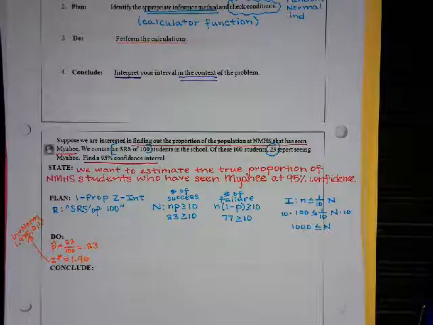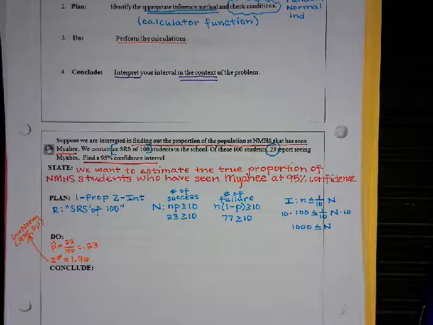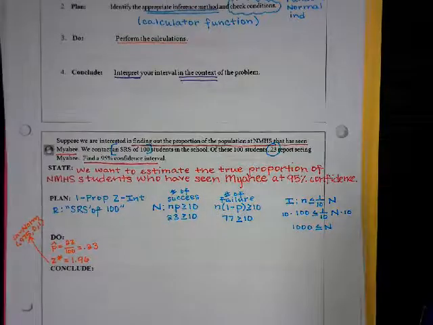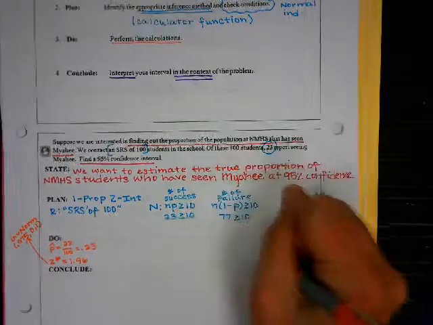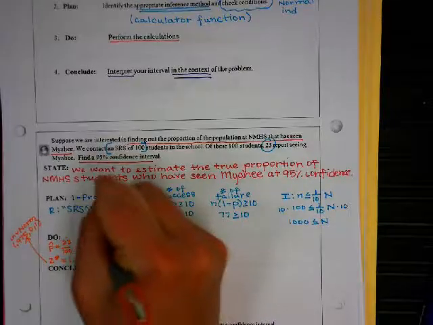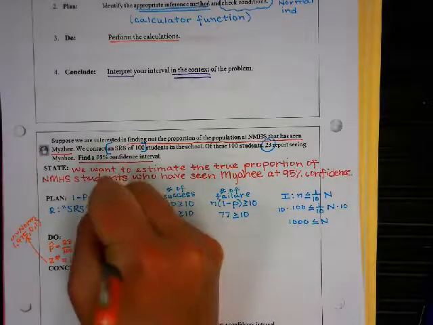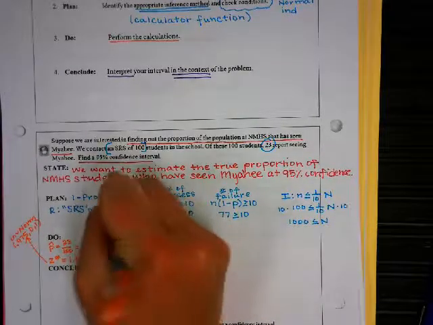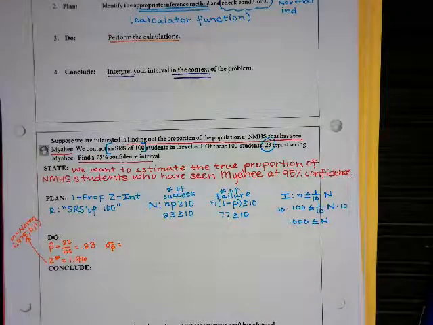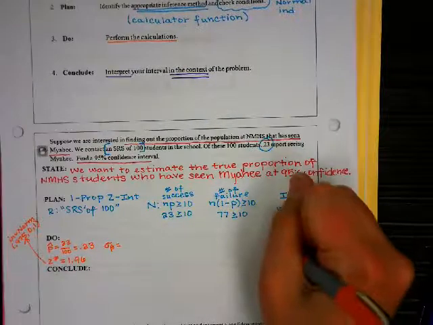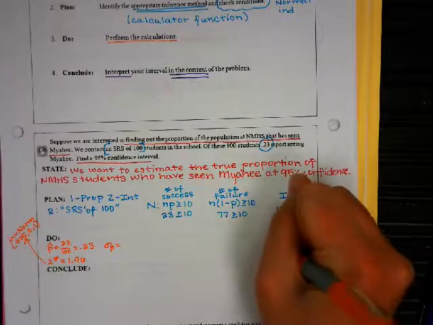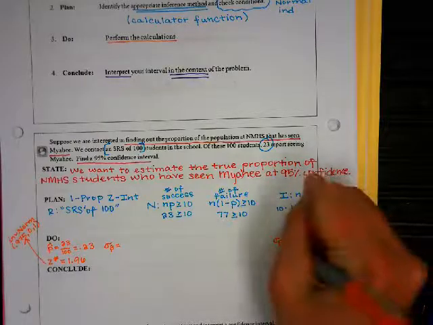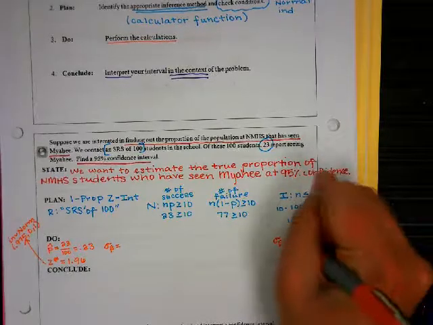And then you should also have your standard error, which I'm going to do off to the side. I'll put the answer here. Standard error is your standard deviation of your p-hat. So if I show the work over here, that comes from the square root of p-hat times 1 minus p-hat divided by n.